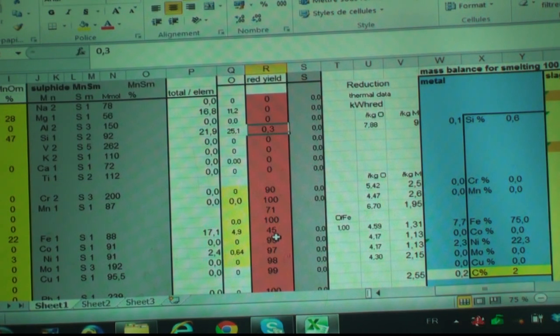And in case of the iron, you remember I explained in the mass balance that you reduce iron in order to have a correct proportion of iron to nickel. Meaning, the rest you do not reduce, the rest iron will be rejected in slag.